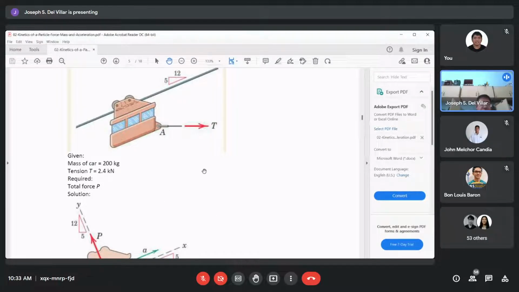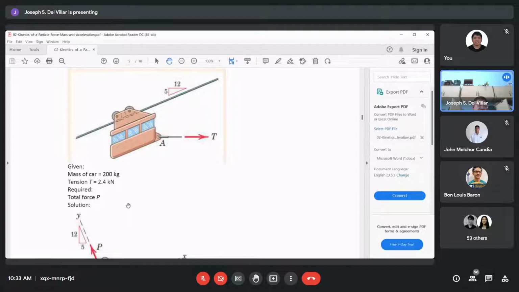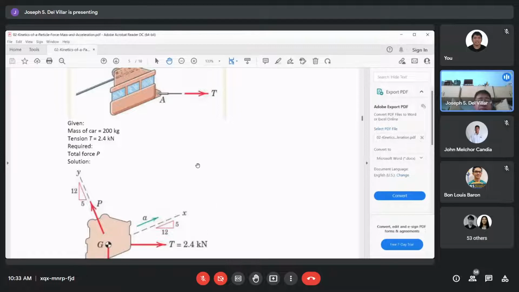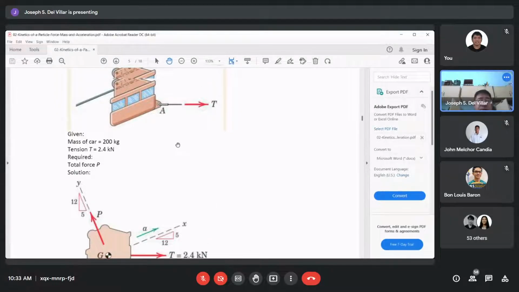So, what do you call this? Pinattern dun sa cable. Okay? So, can you see the hypotenuse? The hypotenuse is parallel to the cable. Okay? And that is where the force P, total force P. Okay? So, we have the tension. Okay?